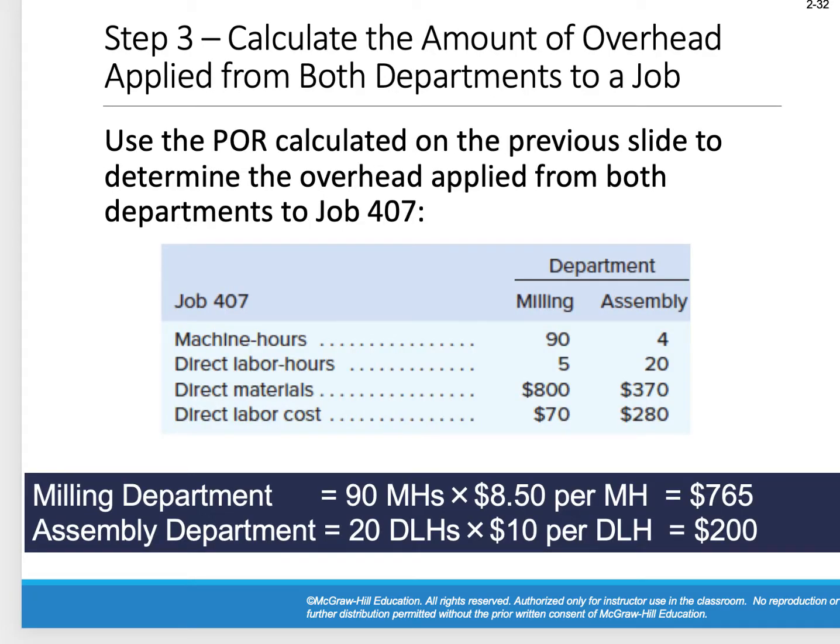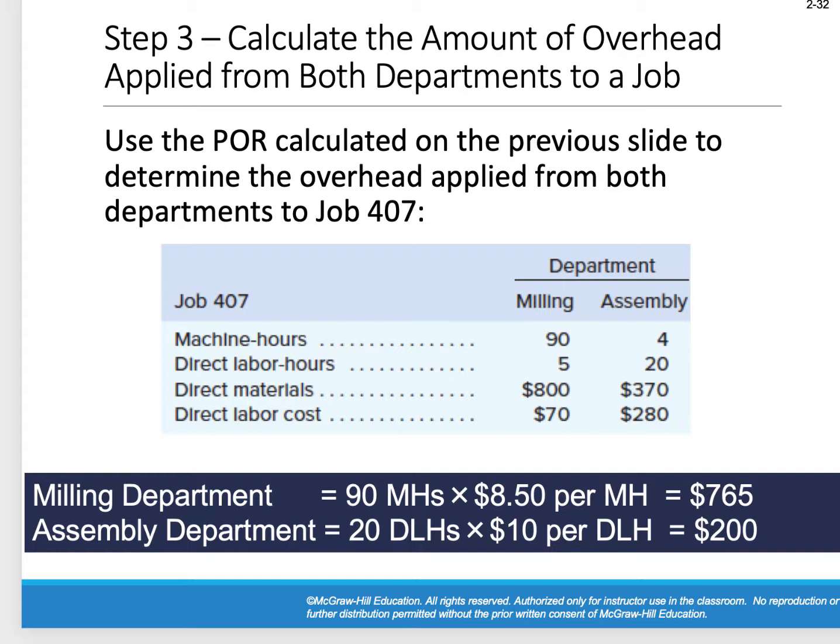So now we can actually calculate the amount of overhead that we apply to the jobs, right? Just like we did before, the step is still the same. We still have to calculate the amount of overhead applied, but now we have to do it for both departments, right? Because a job goes through 2 departments.